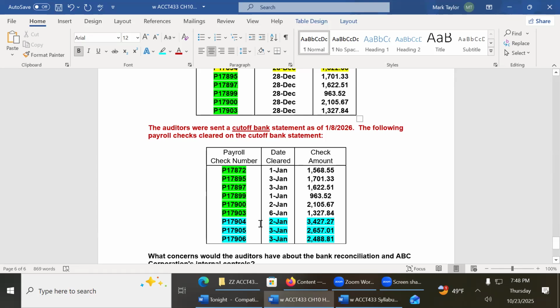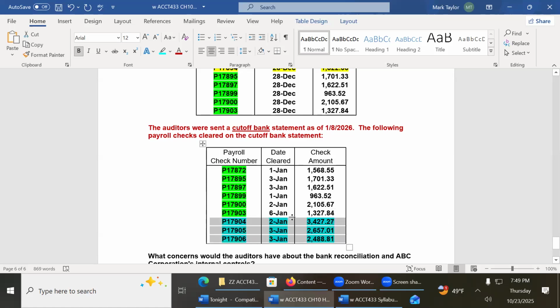Now, it's possible these checks could have been written in early January, January 1st or something like that. However, it would be very unusual if on January 1st, whoever these are written to earned this kind of money from one day's worth of work. If they were paid these in January, it probably has to do with something related to the previous year.